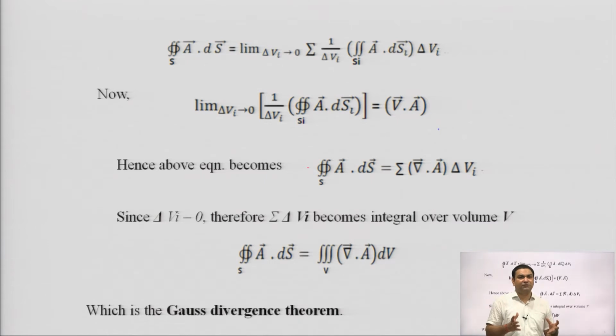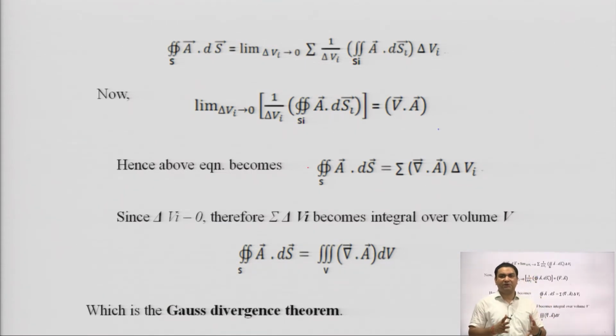solution in the form of del dot A, and hence this equation becomes: double integral A dot ds is equal to the sum of del dot A into delta Vi, and this particular form of the equation can be written like this, that the double surface integral A dot ds is equal to the triple integral in the form of volume, del dot A dV.